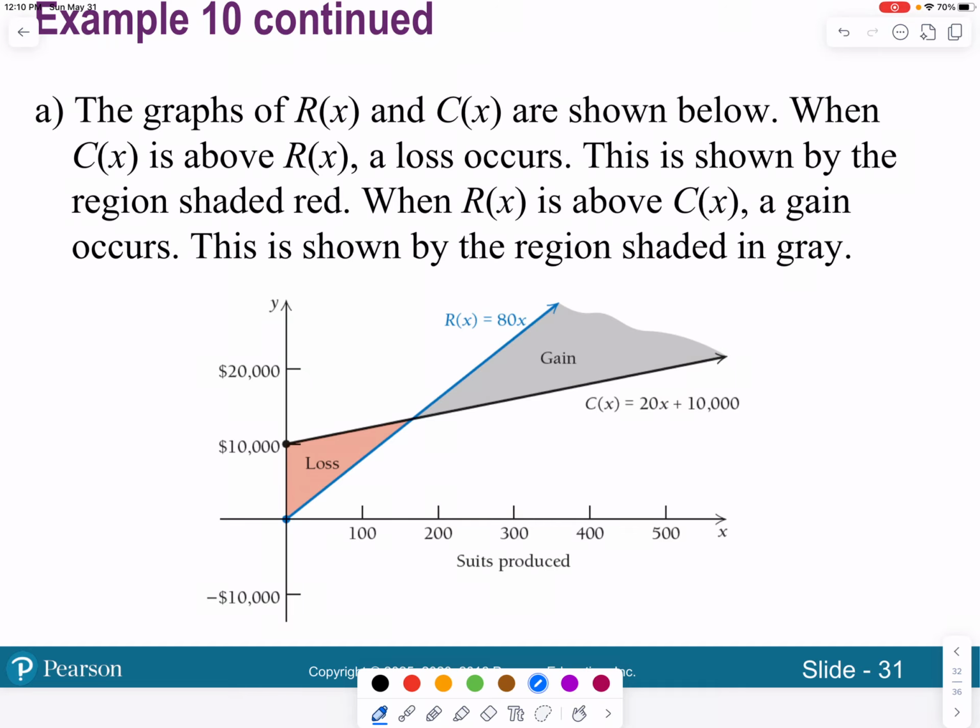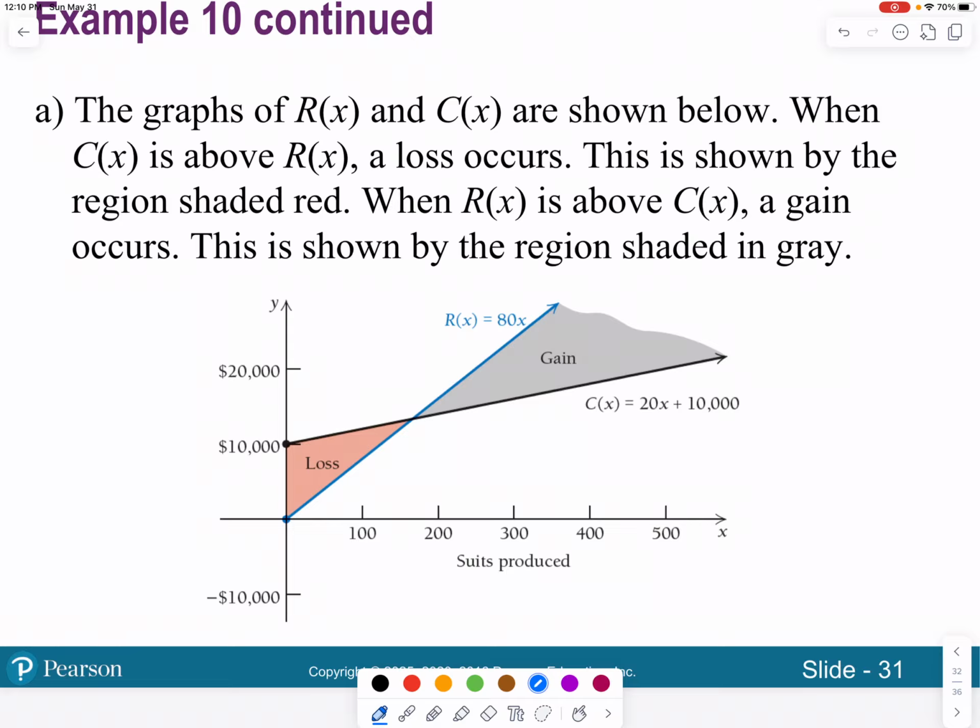So we have our revenue function, the 80X. We have our cost function. It has a y-intercept of 10,000 with a slope of 20. Notice that it breaks the flat surface up into like four panels, and we have 2 regions that have those acute angles. So you see the loss.